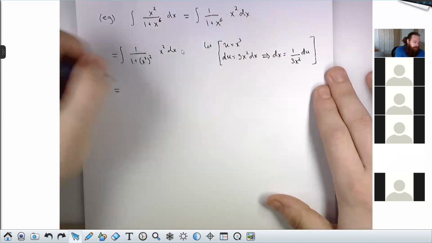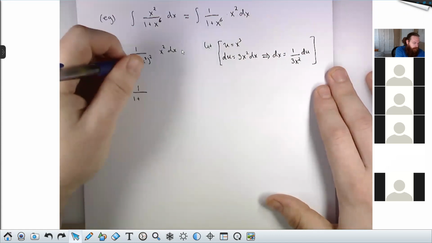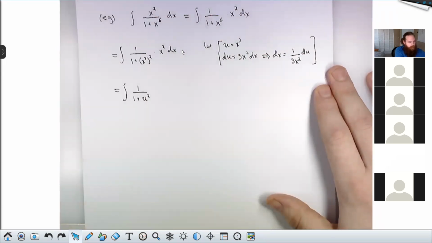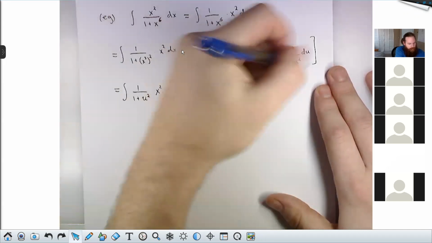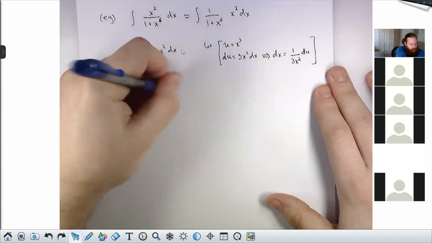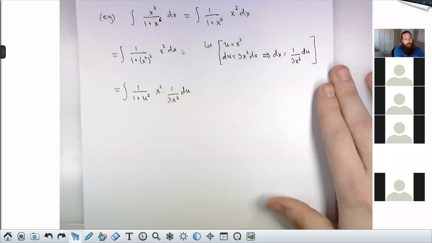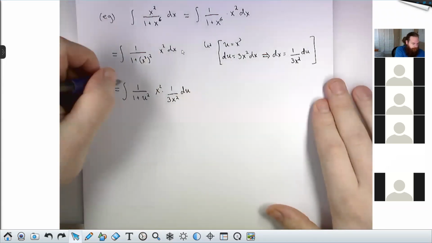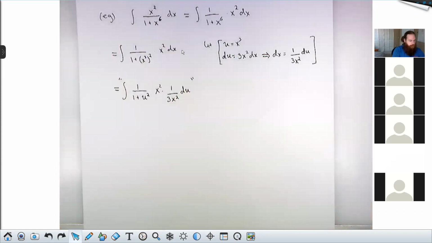So what do I get? Integral 1 over 1 plus x cubed is u. So this is u squared. And then this, I've got x squared times dx is 1 over 3x squared du. Now what I've done here is a little bit naughty, and I want to be clear about that. I'm going to put this in quote bunnies. That's my, I'm not responsible for this symbol.